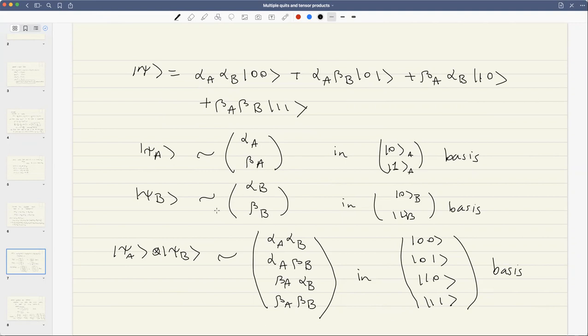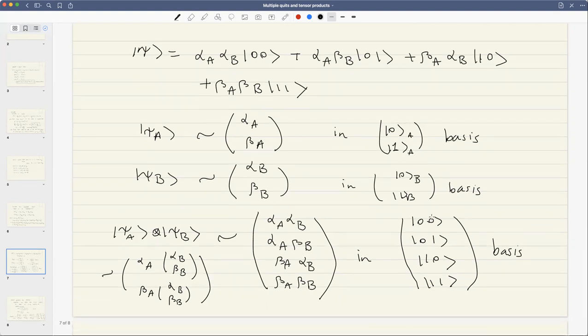Well, I would write alpha A, the first element of this, times that entire thing, alpha B, beta B. And I would write the second element, beta A, times this, alpha B, beta B. And now getting rid of these internal parentheses, I find alpha A alpha B, alpha A beta B, beta A alpha B, beta A beta B. One has to be careful that we arrange the basis states in the same way that follows a tensor product structure.